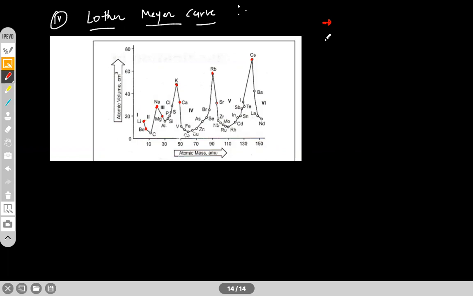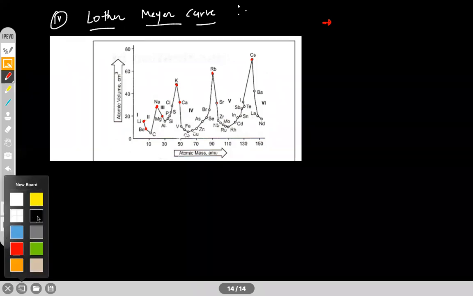Now, next you write down Mendeleev's periodic table.